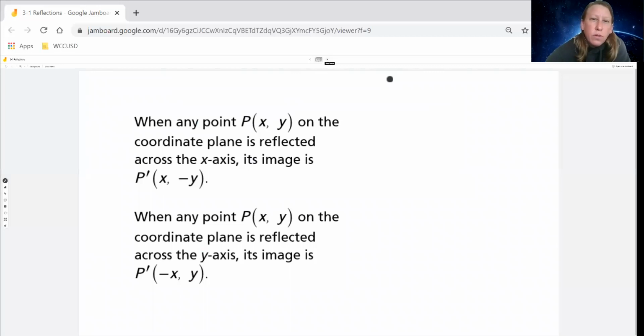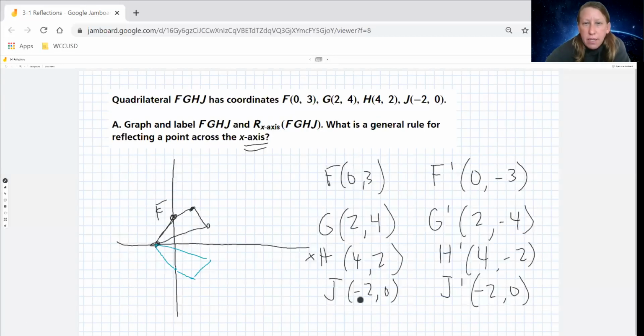Okay, so here's what we've been talking about. When a point xy on the coordinate plane is reflected across the x-axis, its image is: the x stays the same and the y becomes its opposite. Let's see if that works. Is the x the same in this column and this column? Yes. Is the y the opposite? Yes.